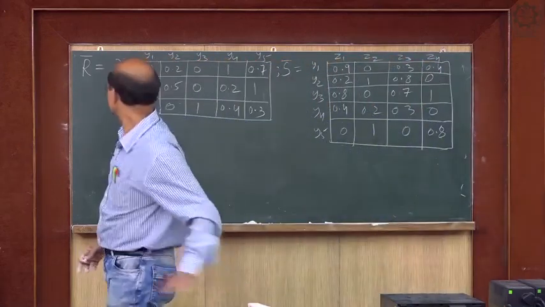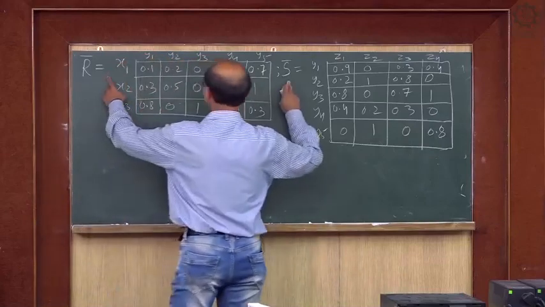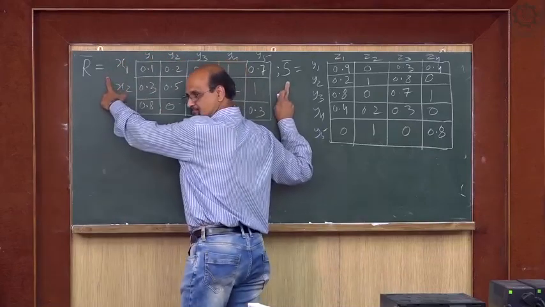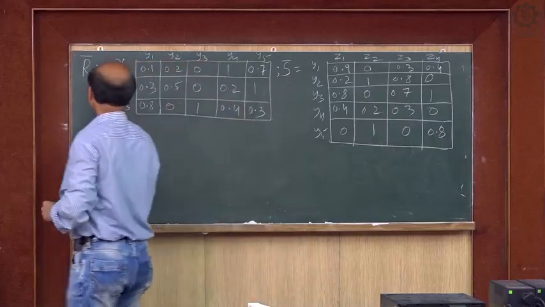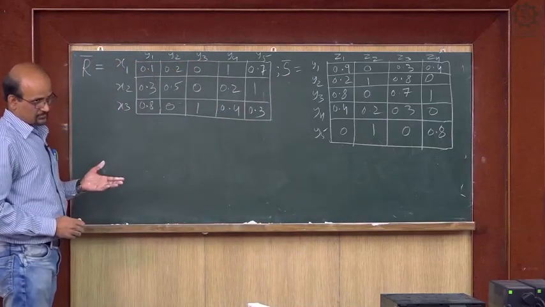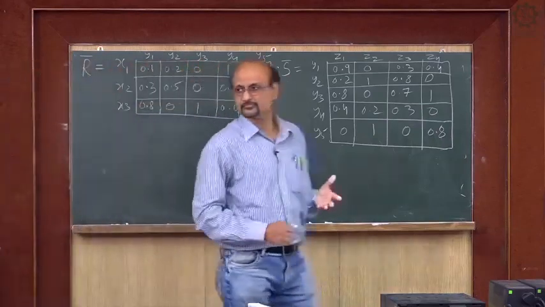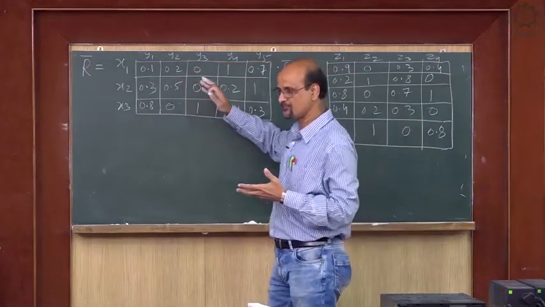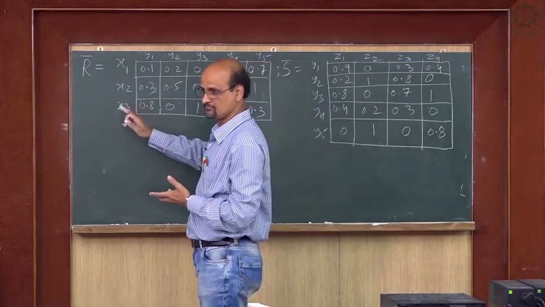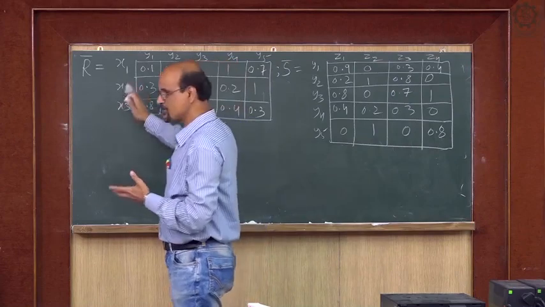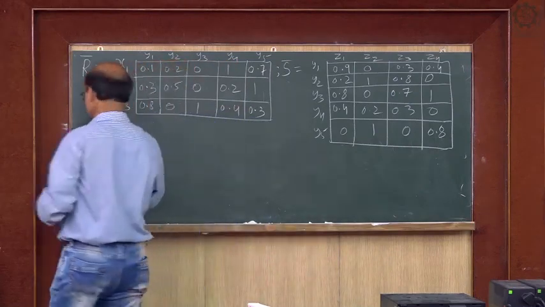Okay? I want to find R max-min S. So, what is the procedure? I have to take first the minimum, let me write, then I will explain.